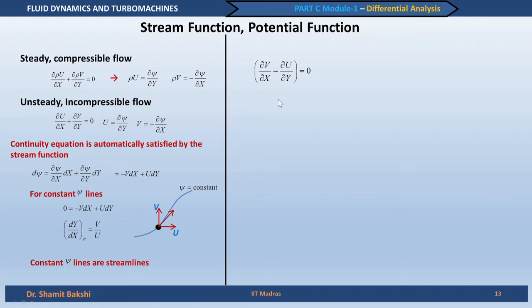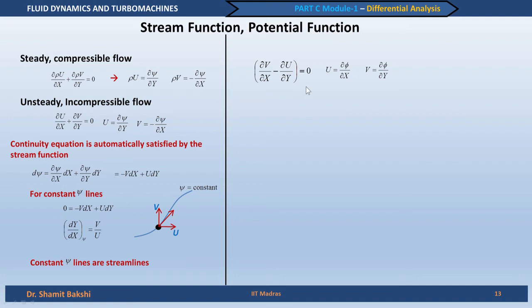If we do that, then we can define u as del phi by del x and v as del phi by del y, phi being the potential function. You can see that by the definition of the function itself, if we plug in the values of u and v here, it gets automatically satisfied, because by plugging it here you get del 2 phi by del x del y, and by plugging it here you get del 2 phi by del x del y, and if you subtract them it becomes 0.